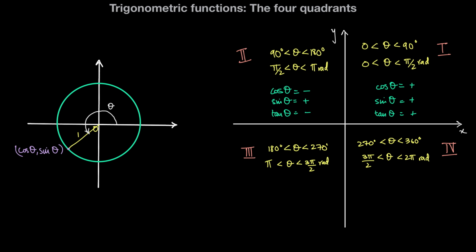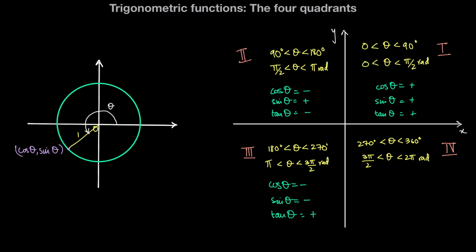So the cosine of theta is negative, the sine of theta is negative, but the tan of theta, which is the sine of theta divided by the cosine of theta, a negative number divided by a negative number, takes on a positive value.